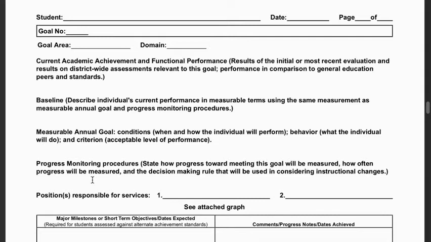Instead of saying once a month, usually we say 4 data points though. For behavior goals, it will say that we will collect data daily and graph weekly.